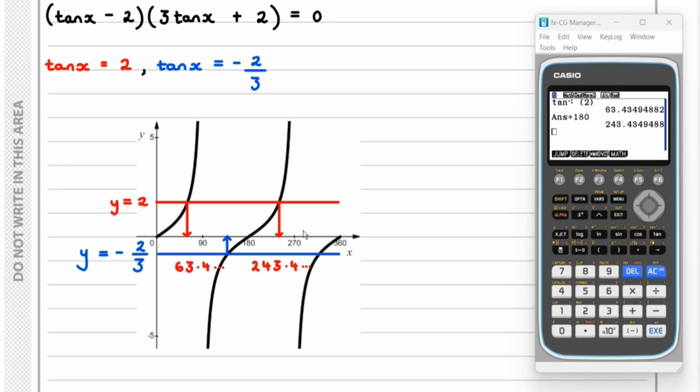To find our first solution, we would do the inverse tangent of negative 2/3, which is negative 33.69, etc. Here the graph goes from 0 to 360, so let's add on 180 to find this first value of 146.3, etc. To find the next value, add on another 180, we end up with 326.3, etc.